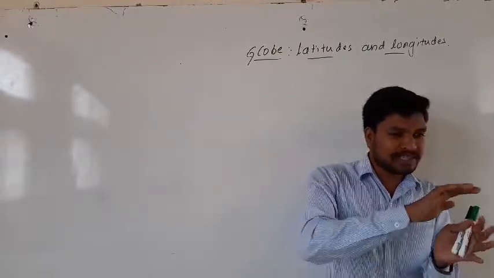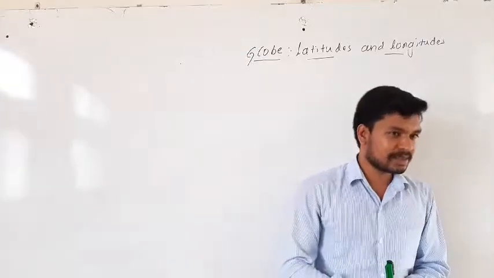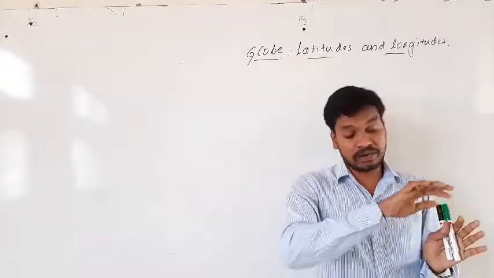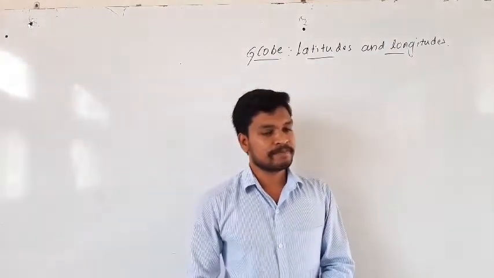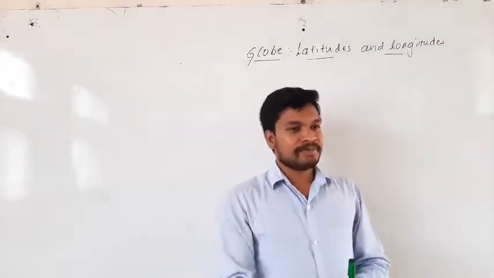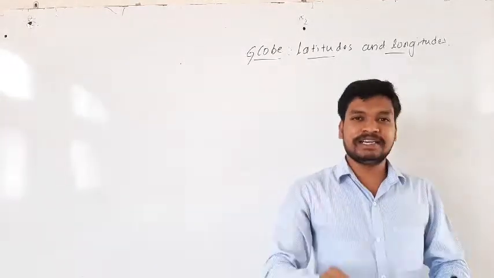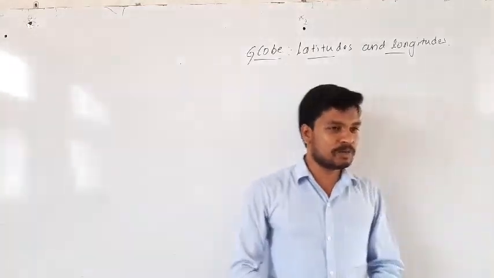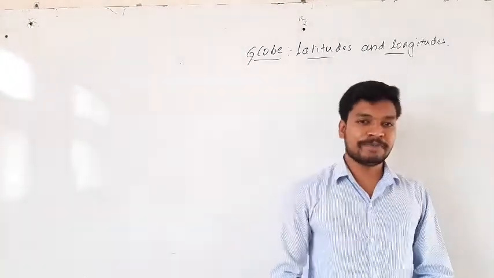A globe is a sphere, but our Earth's exact shape is geoid. This globe explains the exact size of continents, countries, islands, and the water bodies present on the Earth's surface.